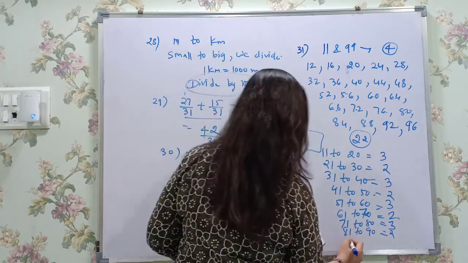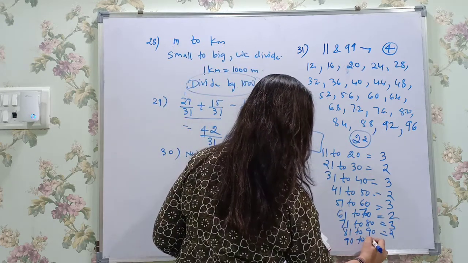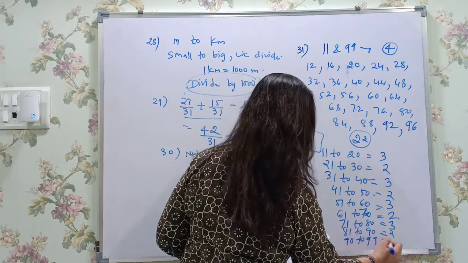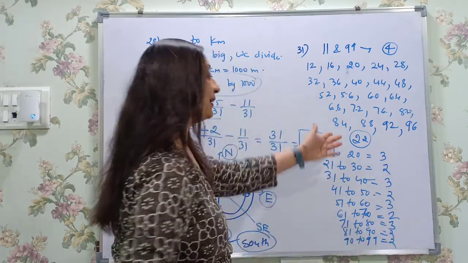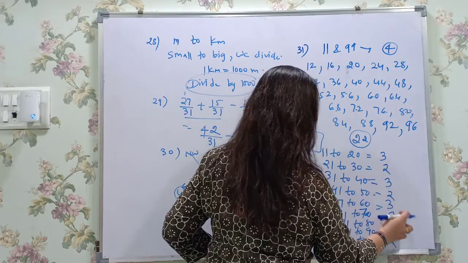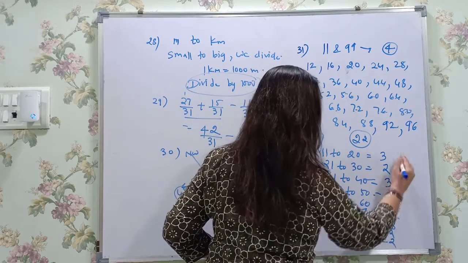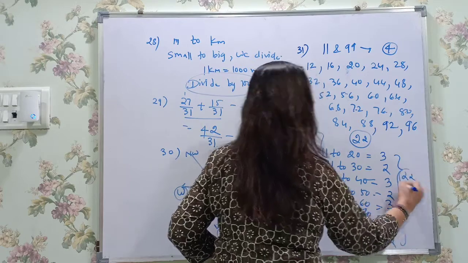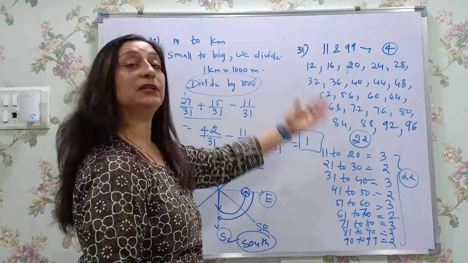Right? And from 91 to 99, that is 2. You can add like this also. See, 3 plus 2, 5, 8, 10, 13, 15, 18, 19, 20, 21. Same you will get. So whichever way you find easily.